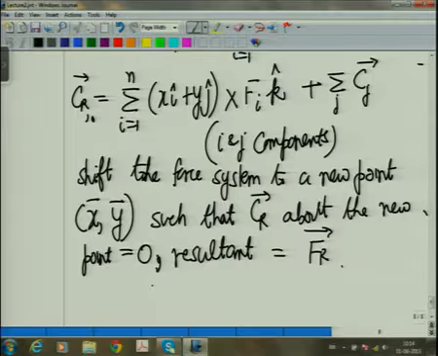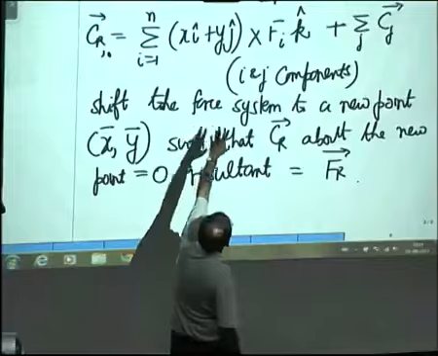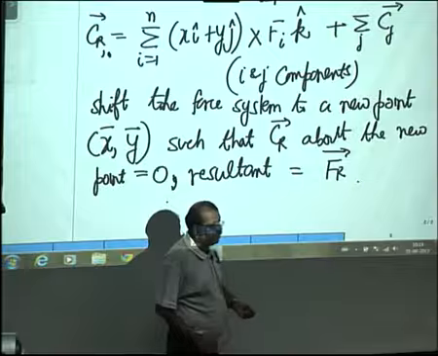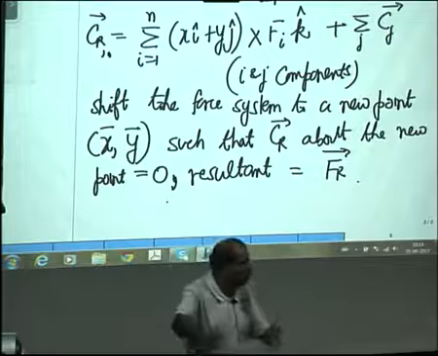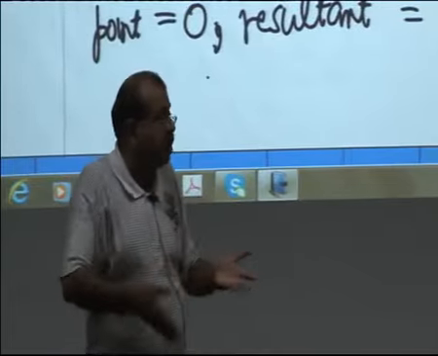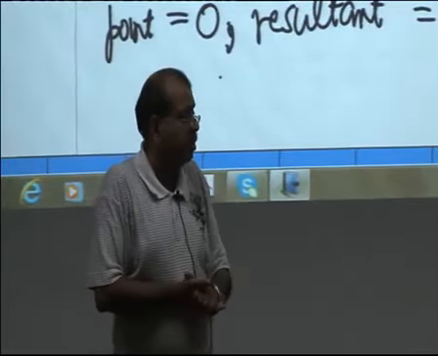So once again, how will we carry out this exercise? Exactly the same as before. About the origin, we say let the equivalent simplest resultant act at a point x bar i plus y bar j. We calculate the total moment about that, and that must be equal to the moment of the original system about the origin.